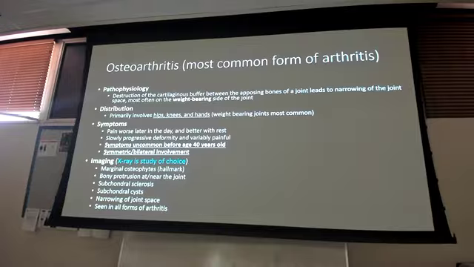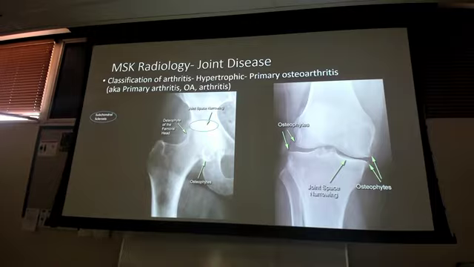So we're going to look at pictures, and some of these arthritises have specific hallmarks that go with them. Like if it looks like this, it's probably what it is. But in general, you have to use the overall patient concept to figure out what arthritis it is. When we are talking about primary osteoarthritis, hips and knees is what I'm using.